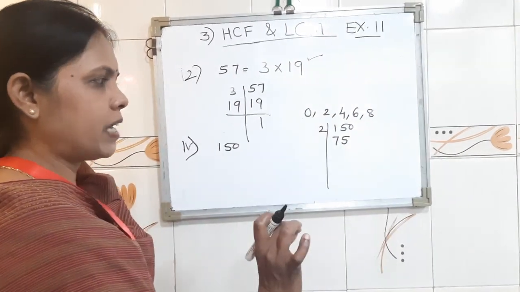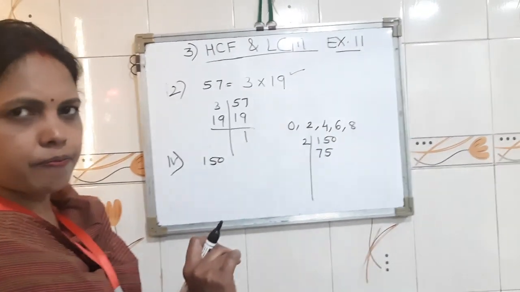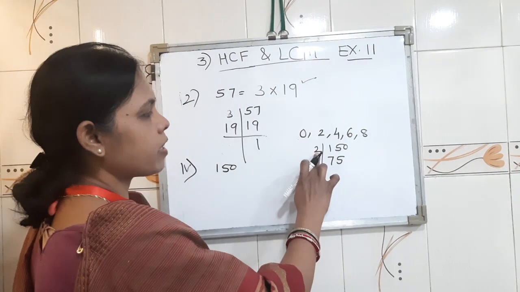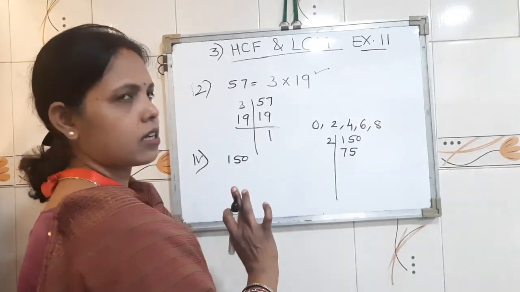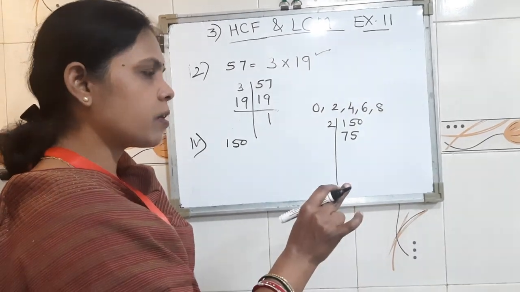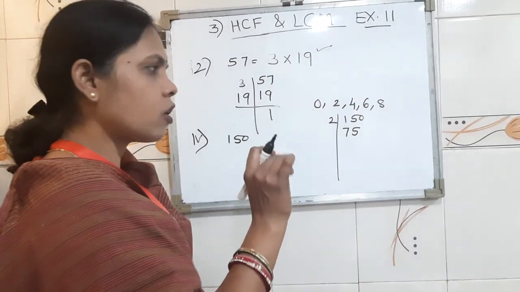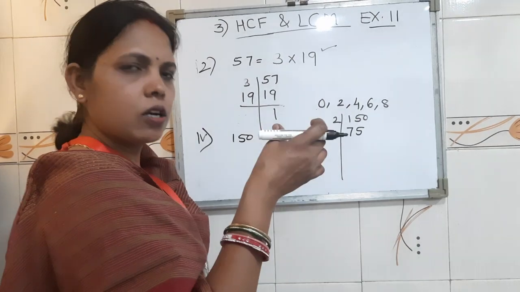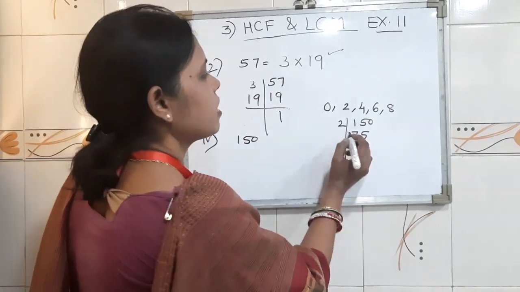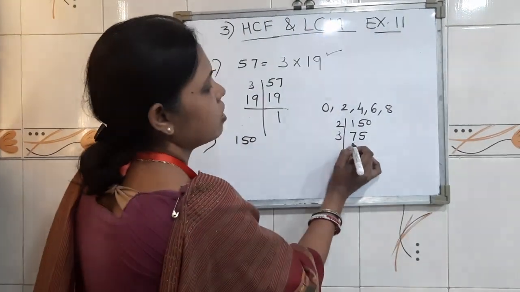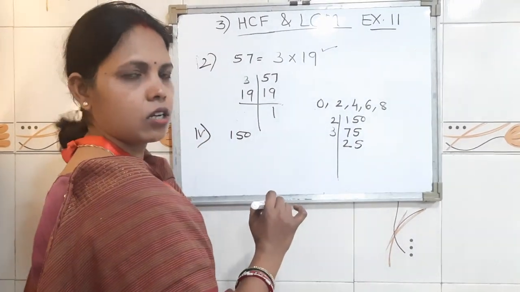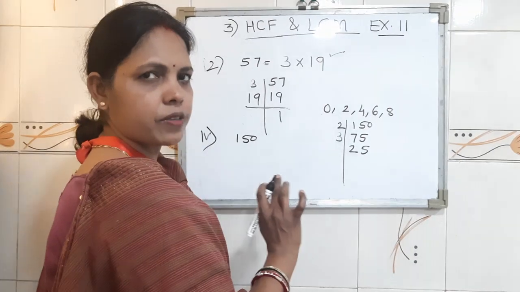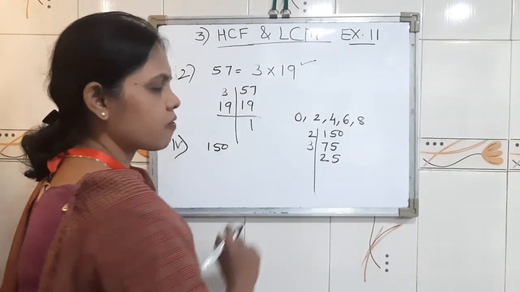Now in the unit place 5 is there, therefore it will not divide by 2. Next number 3. 7 plus 5, the addition of both these numbers is 12. Therefore we will divide 75 by 3. 3 2s are 6, 3 5s are 15, 25 3s are 75.